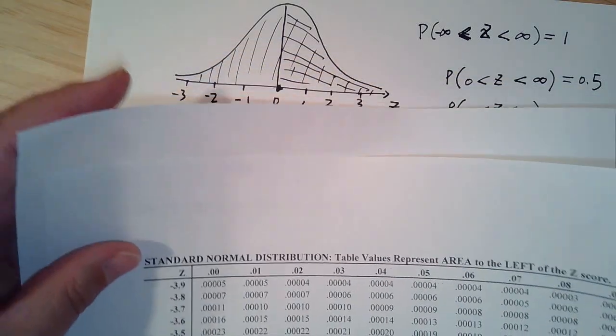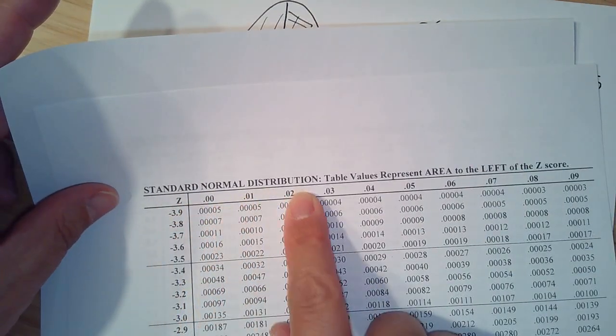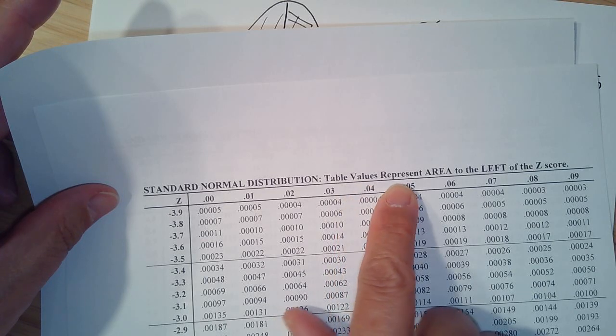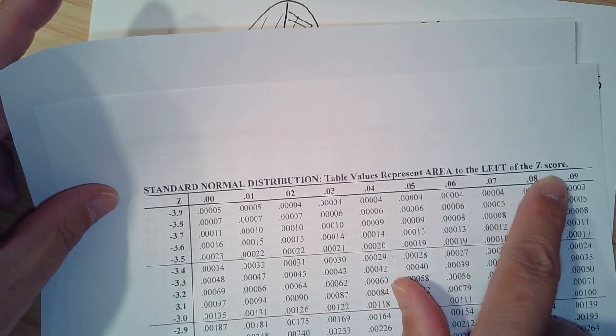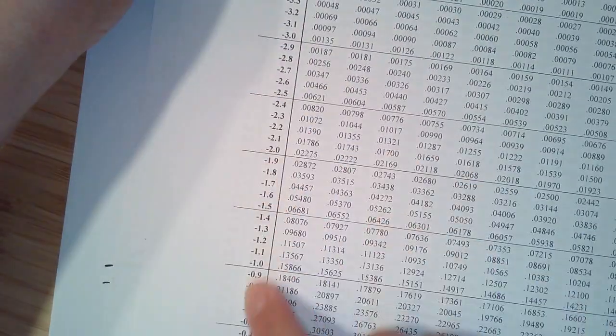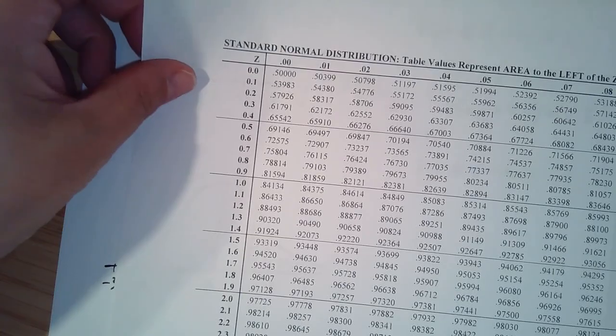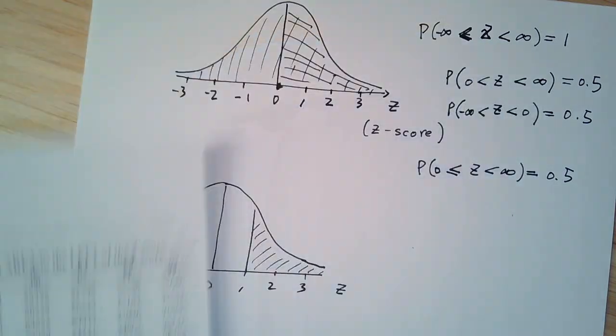Now I want you to look at this. This one says the standard normal distribution table values represent area to the left of the z-score. And here all the z's are negative, and here all the z's are positive. And keep in mind, we're talking about to the left of the z-score.